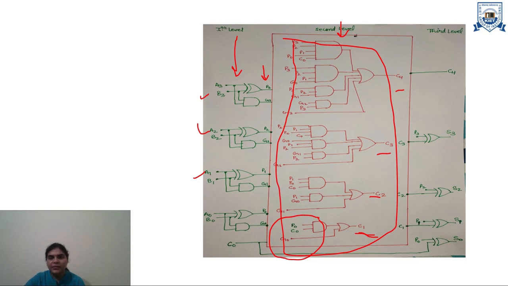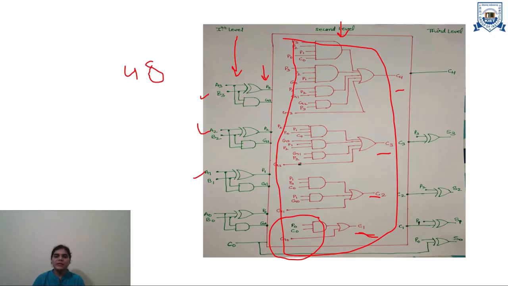In this carry generation circuit, you have two levels of gates, so you have two delta delay here. And next you have one level of gates, so you have delta delay. So in this adder, only 4 delta delay is produced to get the output after applying inputs.